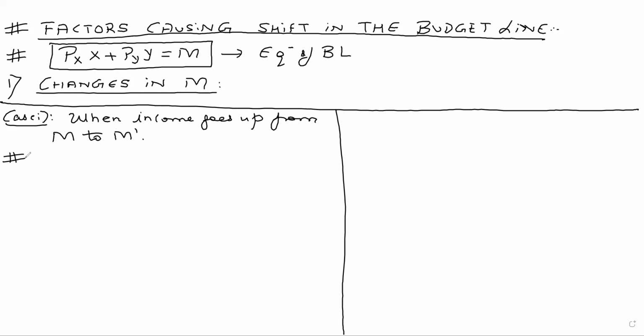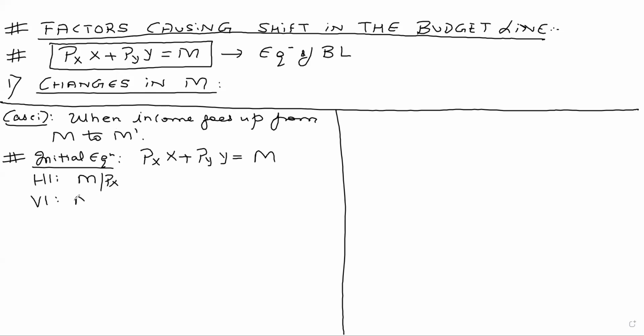So what is my initial budget line equation, guys? Px times X plus Py times Y equal to M. Horizontal intercept M by Px. Vertical intercept M by Py. And the slope of the budget line is minus Px by Py. What will my new equation be?